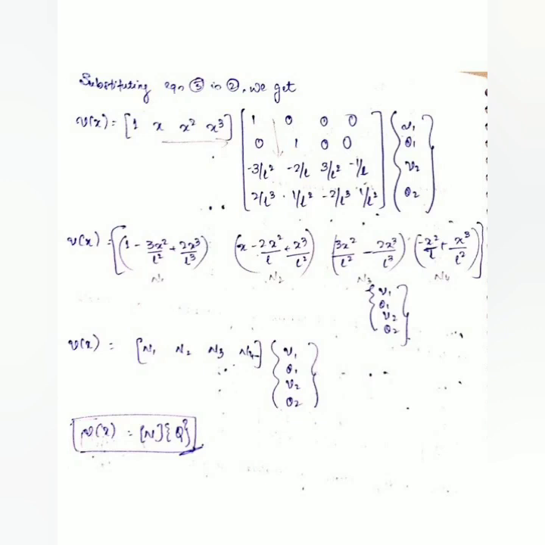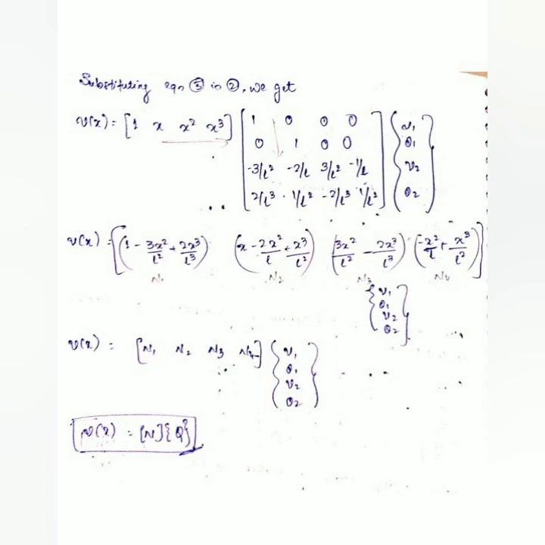Substituting equation 5 in equation 2, finally we will get v of x equals, in brackets, n1, n2, n3, n4, multiplied by one more matrix, v1 theta 1 v2 theta 2, at the end. And this matrix n1, n2, n3, n4 is the shape function matrix, which is represented by matrix N, and this v1 theta 1 v2 theta 2 is the displacement matrix.